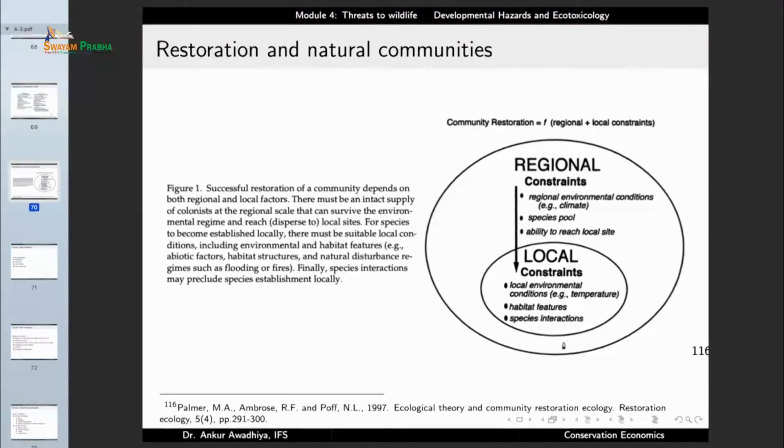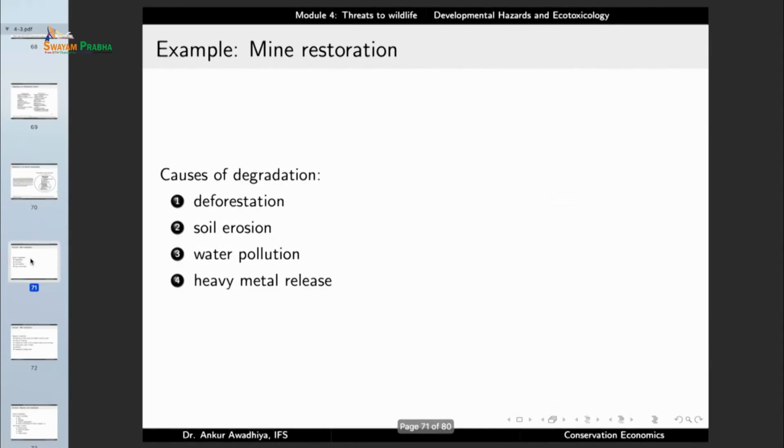So, we may try to bring it to a state which is a bit better or maybe a bit different from what was there originally because there are certain constraints at the local level and at the regional level. Probably the carnivore that was removed or was made locally extinct because of poaching is no longer available. So in that case, you may try to reintroduce some other carnivore to stabilize the system. So the constraints have to be kept in mind.